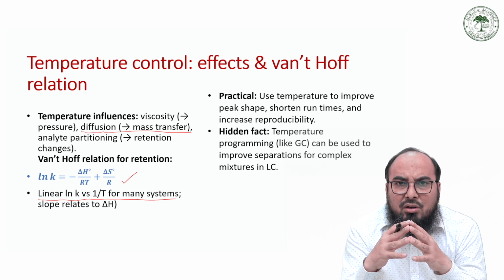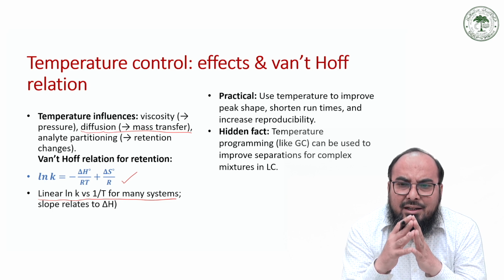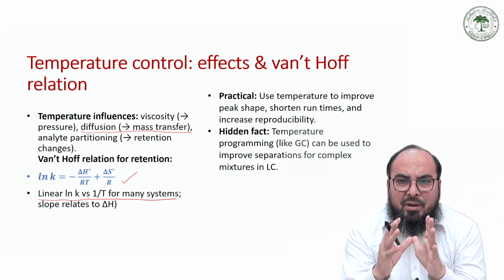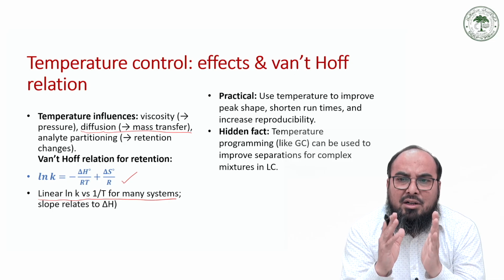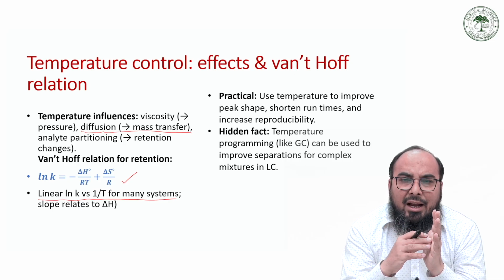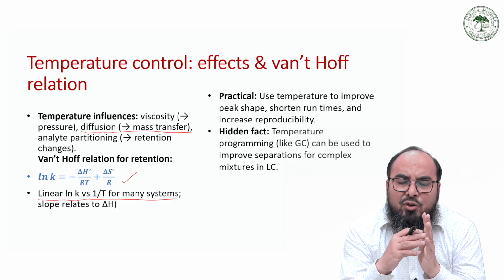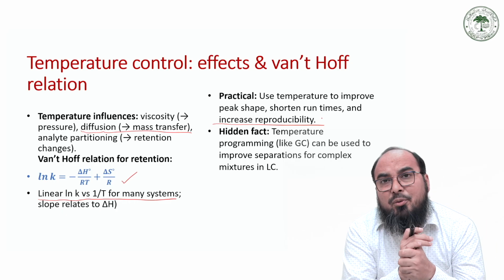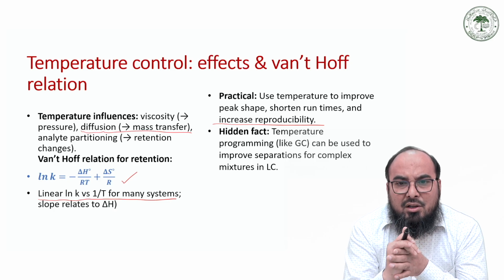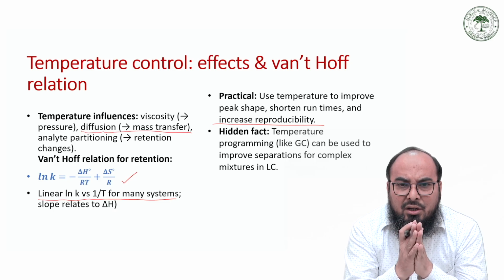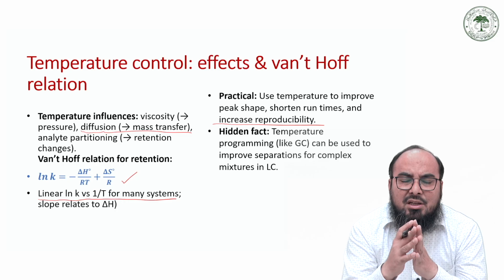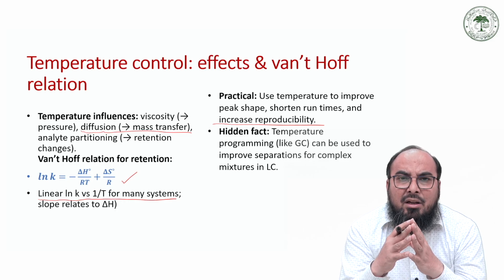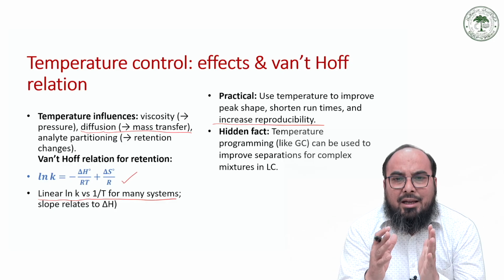So you have to take that temperature where you can get a good, narrow Gaussian peak with a short run time. And if you are using the same temperature, then you will have good reproducibility. Temperature programming is very important, and in GC we have seen that by doing temperature programming you shorten the run times.